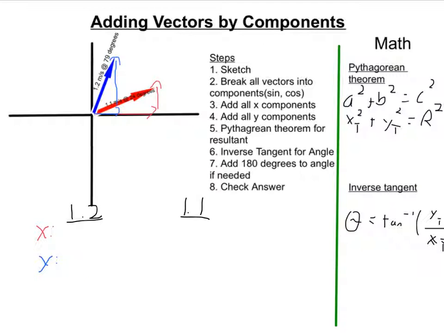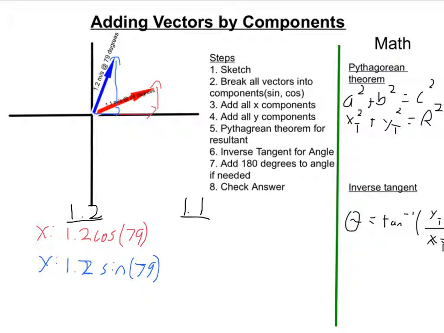X component, remember, always uses cosine. So 1.2 cosine 79 degrees. Remember, X component, it's always vector cosine the angle. Remember that from the other day. The Y component is 1.2 sine 79 degrees. Okay, so there's the first vector broken into components.